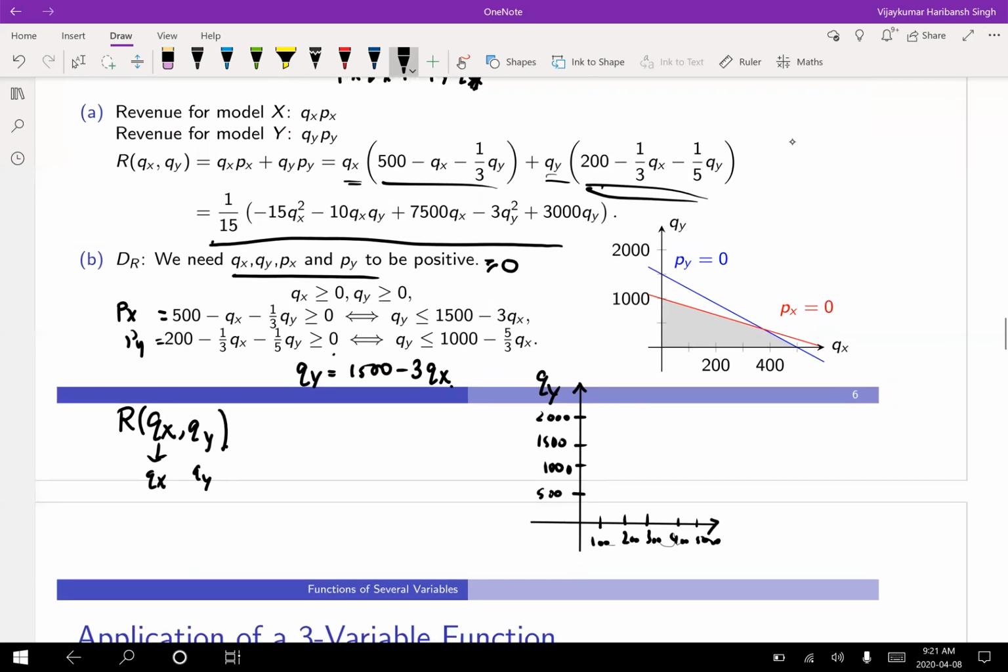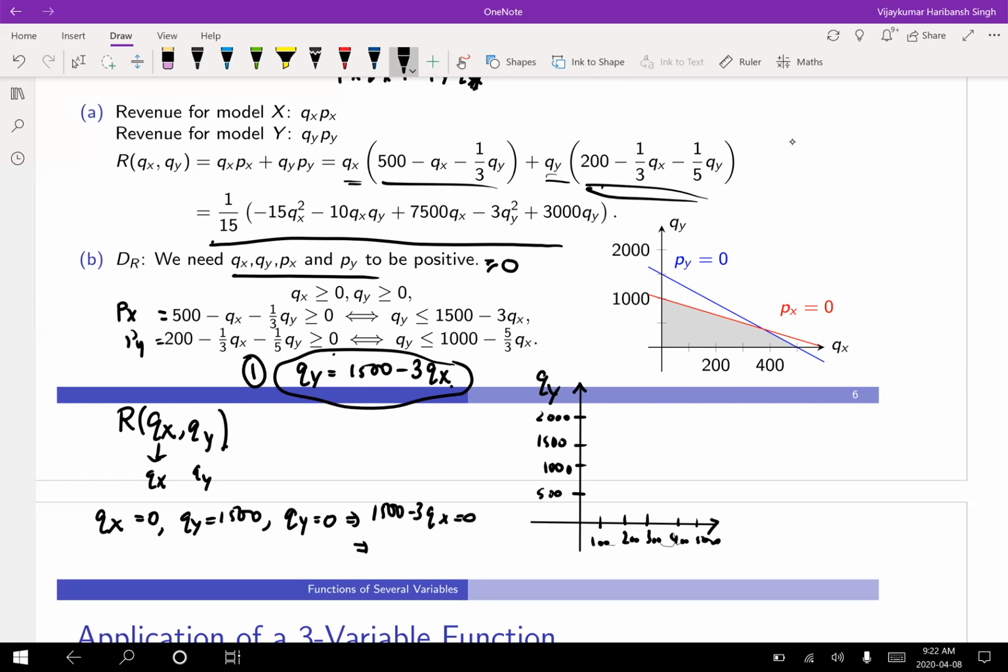So now let's decide how would you draw this. If you're given a line, you need only 2 points on it. So let's take when QX is 0, I'm taking the first equation here. When QX is 0, your QY is 1500. And when QY is 0, this would give me 1500 minus 3QX is 0.